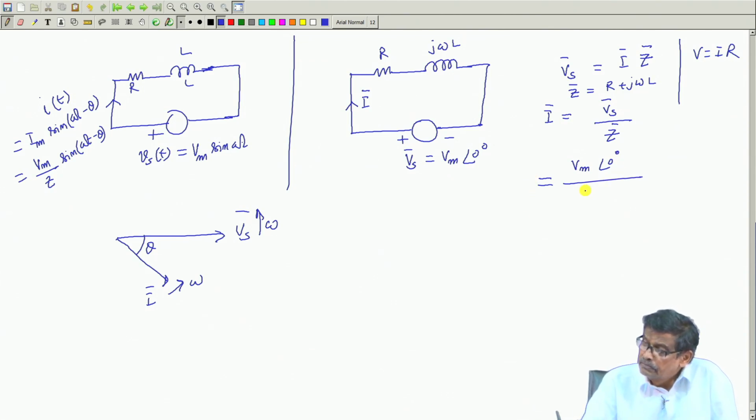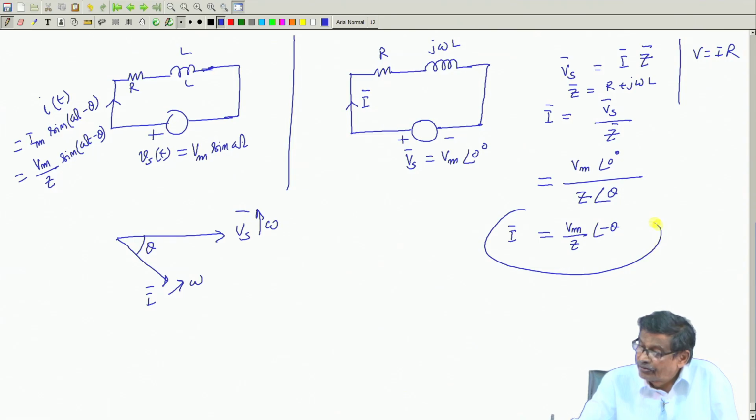Z bar will be Z angle theta, Z e to the power j theta, it means, and if you divide these two you will get Vm by Z angle minus theta. So, I have solved for the phasor current.